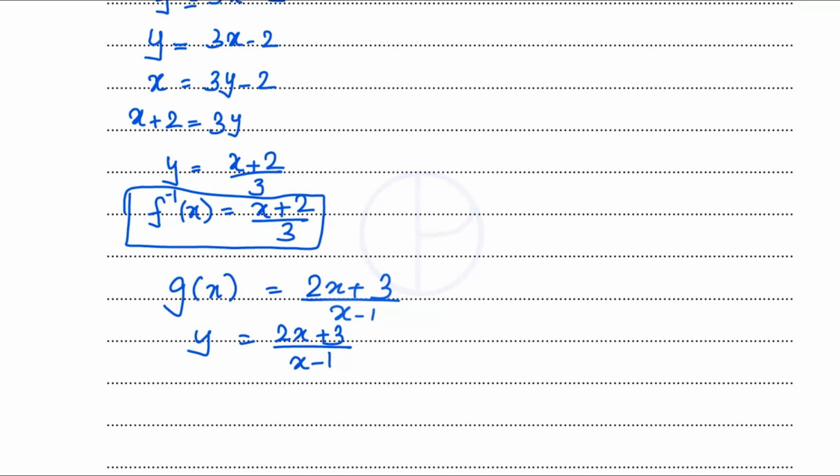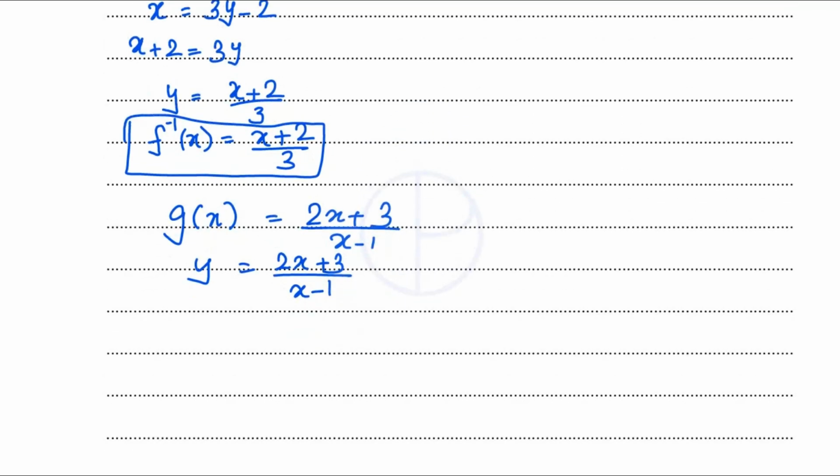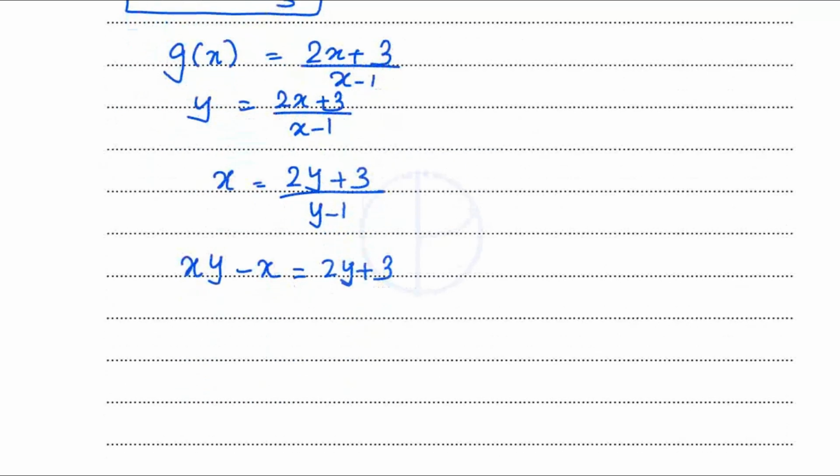Now interchange x and y. So we get x equal to (2y plus 3) divided by (y minus 1). Now cross multiply. So we get xy minus x equal to 2y plus 3. We have to make y the subject.